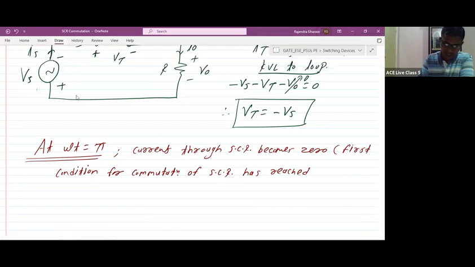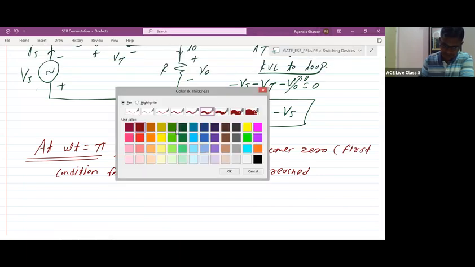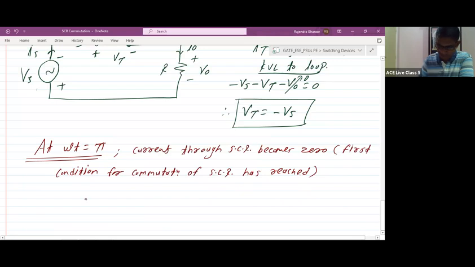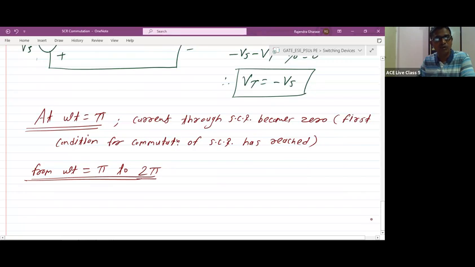So, next, second, from omega t is equal to pi to 2 pi. Yes, during pi to 2 pi, what is happening?